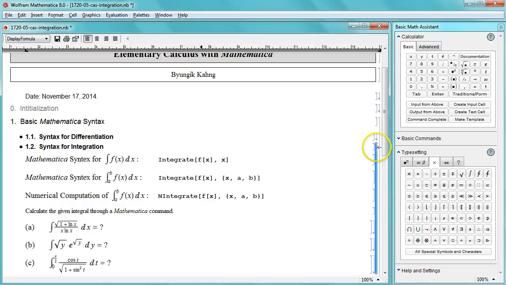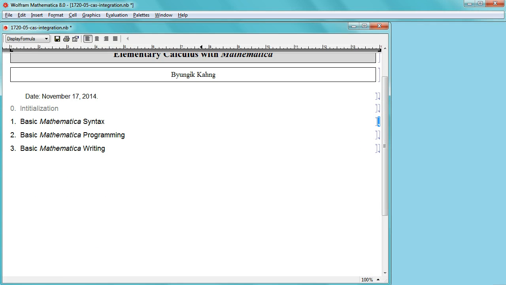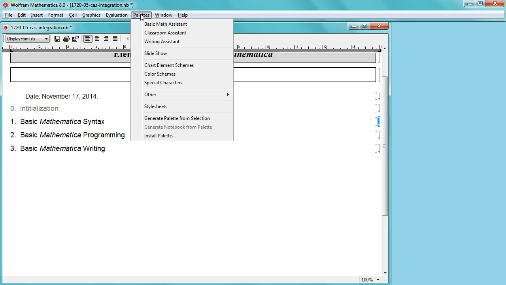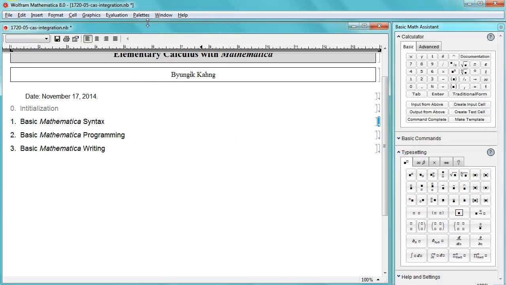Okay, let's kill this Basic Math Assistant window, and then let's reopen it. You have to go to Palettes in this top menu bar. Once you click, the very top one is the Basic Math Assistant palette, because that's the most popular and the most important.